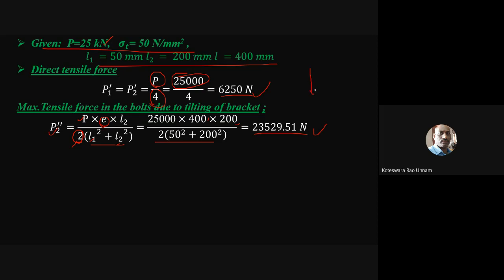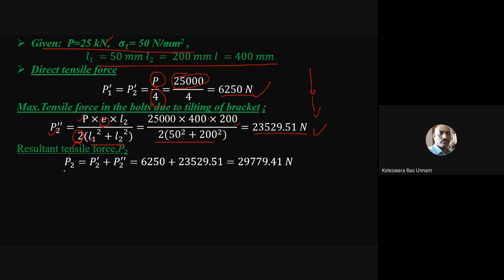Both are acting in the same direction. So you need to add these two to get the resultant force. The resultant force is nothing but P1 dash plus P2 dash, which is 6250 plus this one. So this is going to be the resultant tensile force on each bolt.